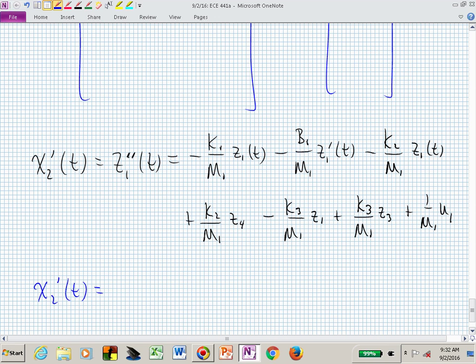Let me collect all of the coefficients that scale z1. I now have minus k1 over m1. That's that one. I have minus k sub 2 over m1. And did I miss? No, minus k sub 3 over m1 right there, and that's now z1 of t.